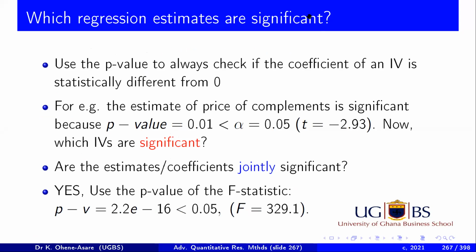Yes. In interpreting the result, I want to know which of them comes first. We have to look at the fitness of the model first before we begin to look at the various p-values. It doesn't matter. Anyone can come first.